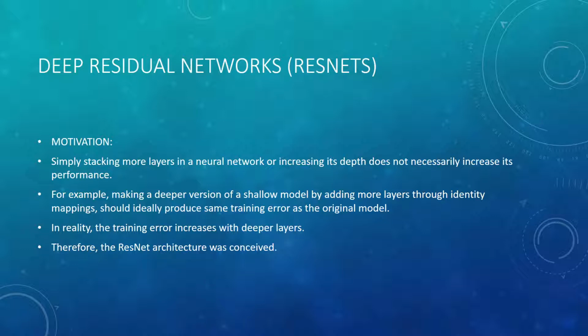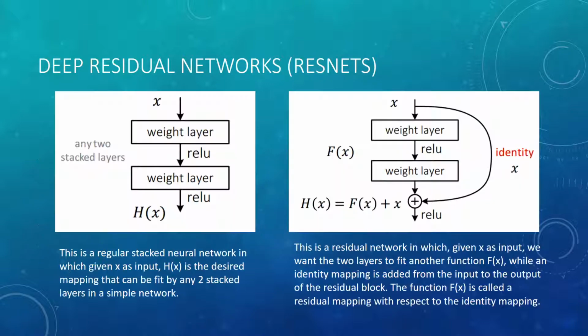But empirically, experiments show that the training error increases when we add more layers, which should not be the case. So researchers came up with the ResNet architecture.